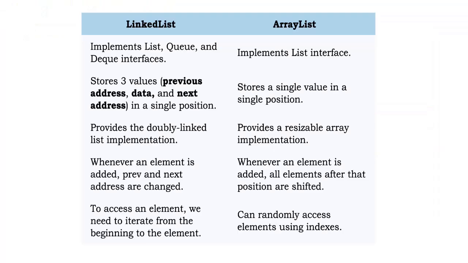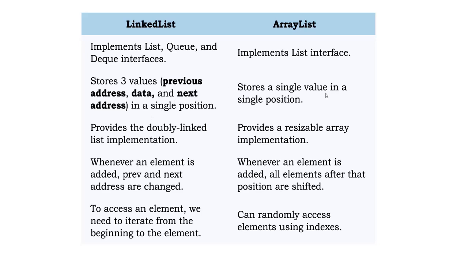So here are some of the differences between the linked list and the array list. Linked list implements list, queue, and deque interfaces, whereas the array list implements just the list interface. Those three values, which is like previous address and then data and the next address, in a single position is known as a node, right?